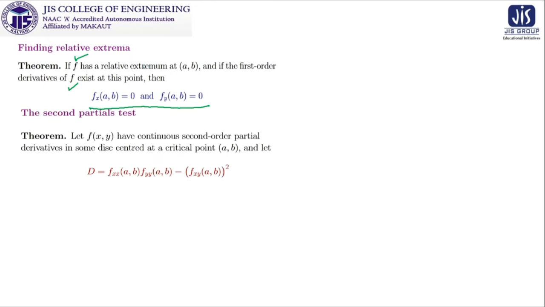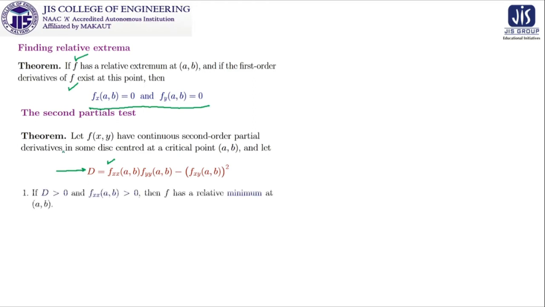Now in the context of the second partial test, it is having some extrema, but at which point the extrema will be there, they are called critical points, and we are trying to find out the critical points in this manner: we find the second derivative with respect to x of f at (a,b), similarly for y, and f_xy, and this expression D is calculated.